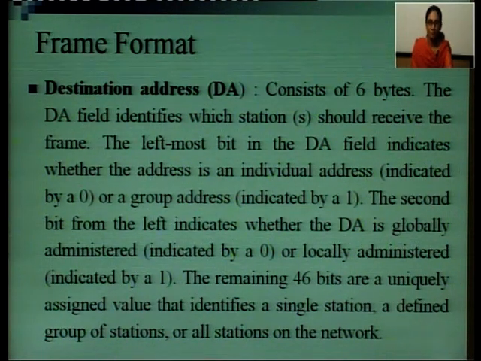So the leftmost bits are very important, as they indicate whether the address is individual or group, and globally or locally administered.